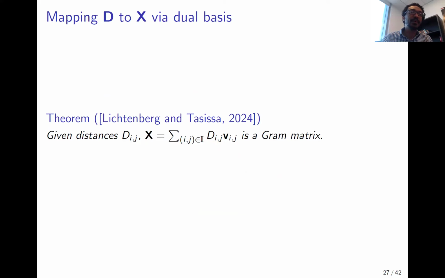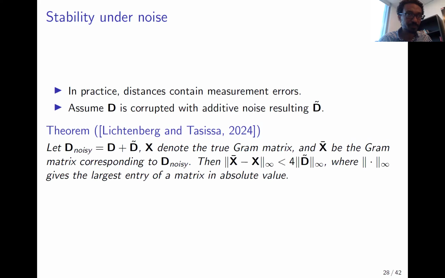Okay. And once we have this, we can ask the same question that we asked earlier. If you give me distances D_ij, a collection of valid Euclidean distances, and if I expand it using my dual basis, that gives me a valid Gram matrix. In practice, our distances contain some measurement errors.